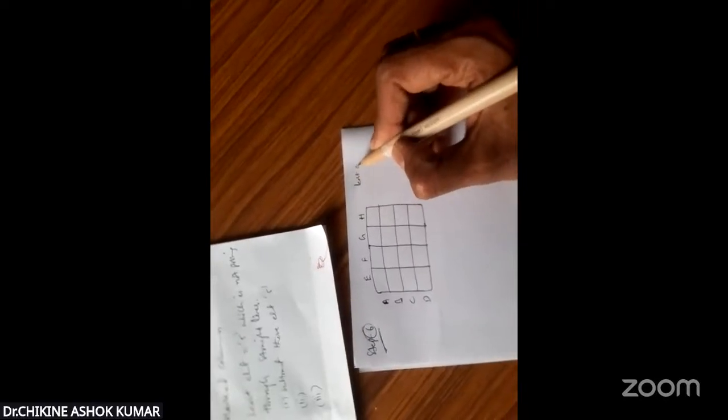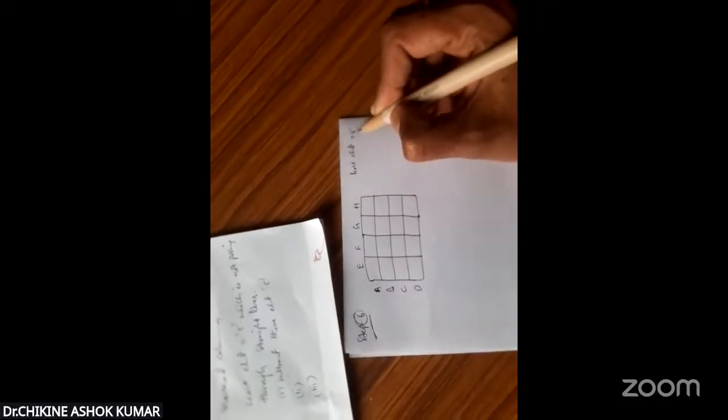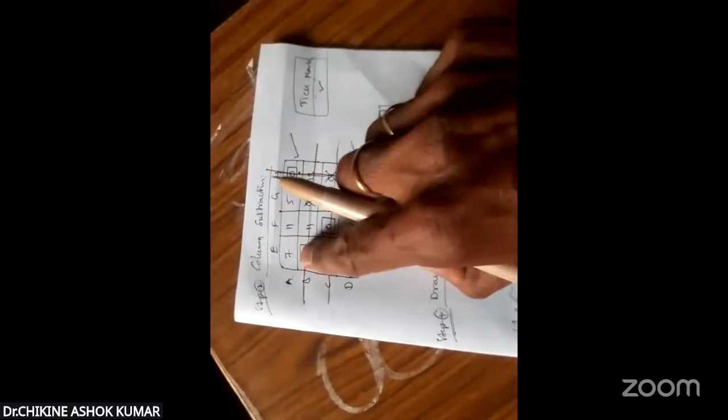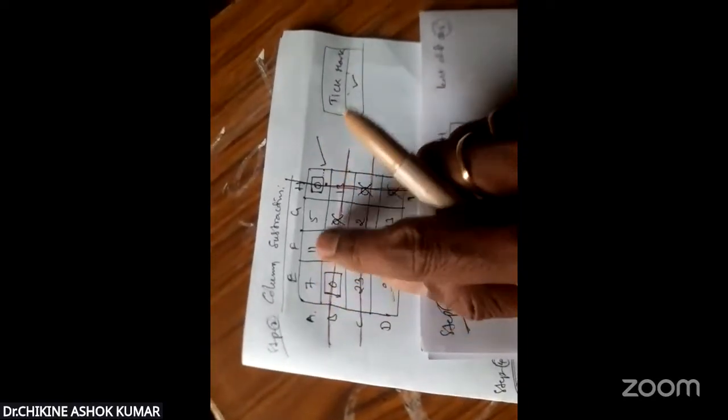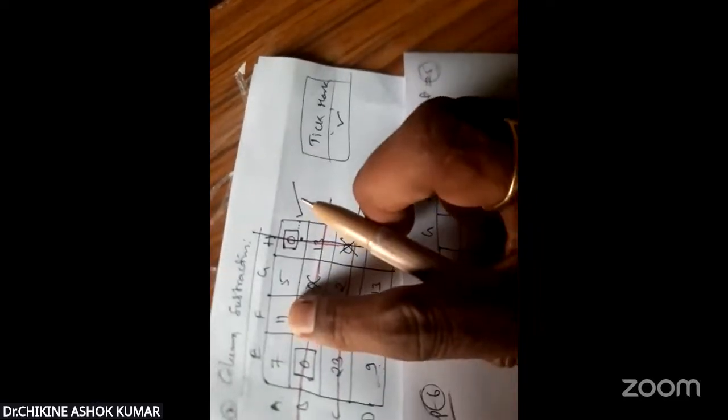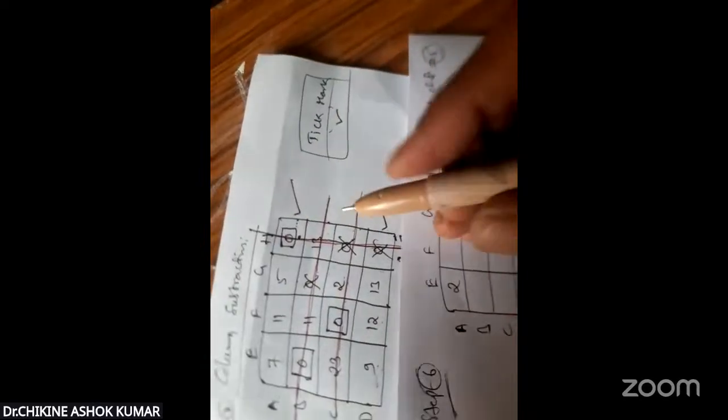The least element is 5. Now we have to subtract this 5 from the elements which are not passing through the straight lines. Here we have 6 elements: 7, 11, 5, 9, 12, 13. 7 minus 5 is 2, 11 minus 5 is 6, 5 minus 5 obviously goes to 0.